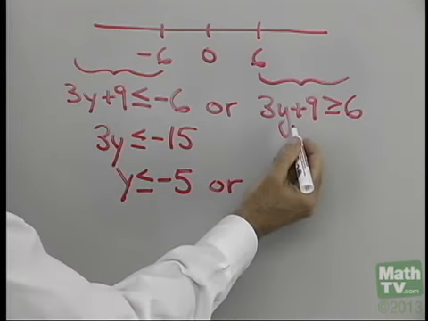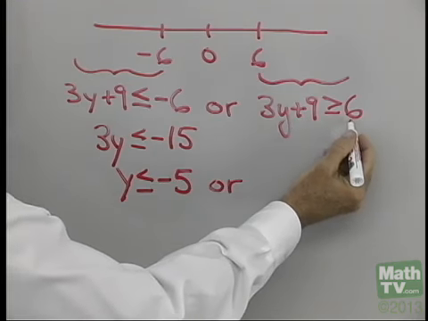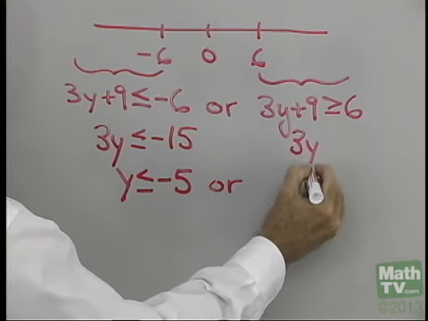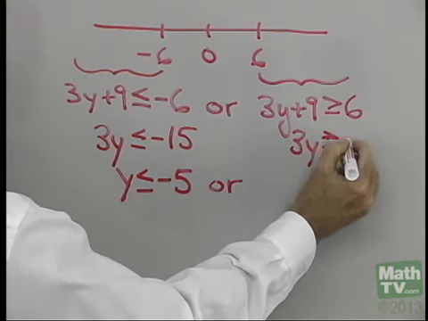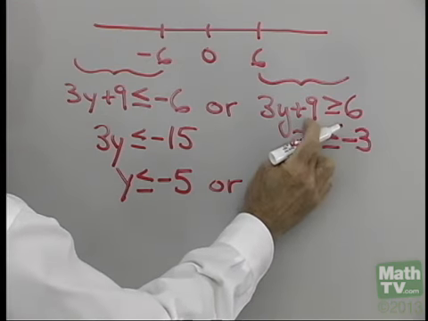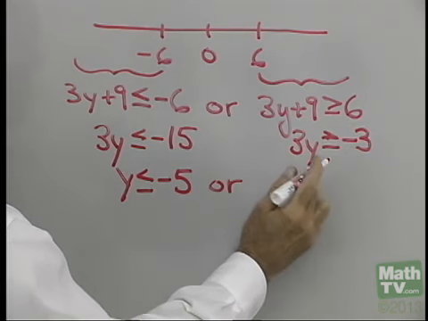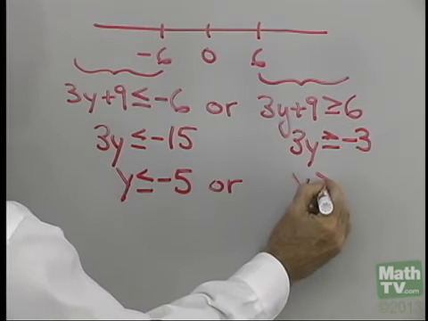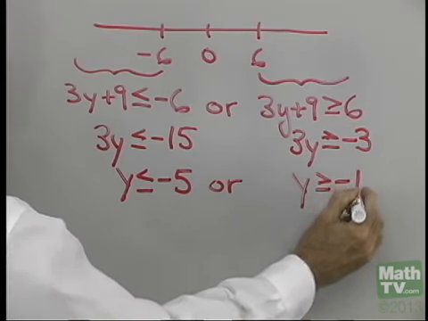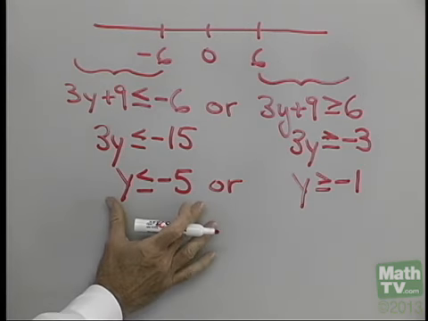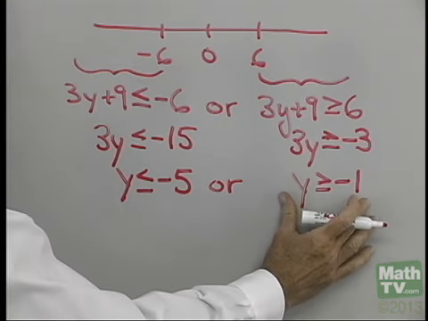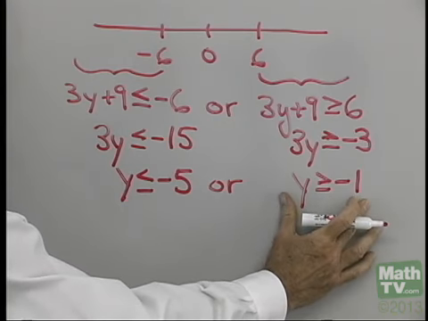Or I'll solve this inequality by adding negative 9 to both sides. 3y greater than or equal to negative 3. Multiply both sides by 1/3. Y is greater than or equal to negative 1. So here's my solutions. Any y that's less than or equal to negative 5, or any y that's greater than or equal to negative 1.